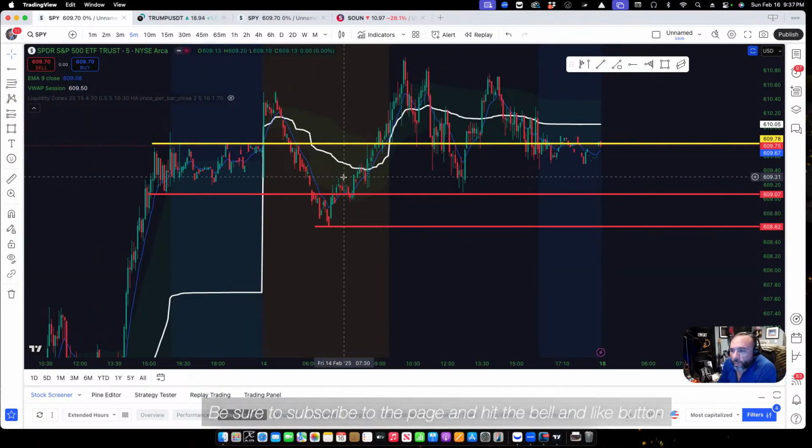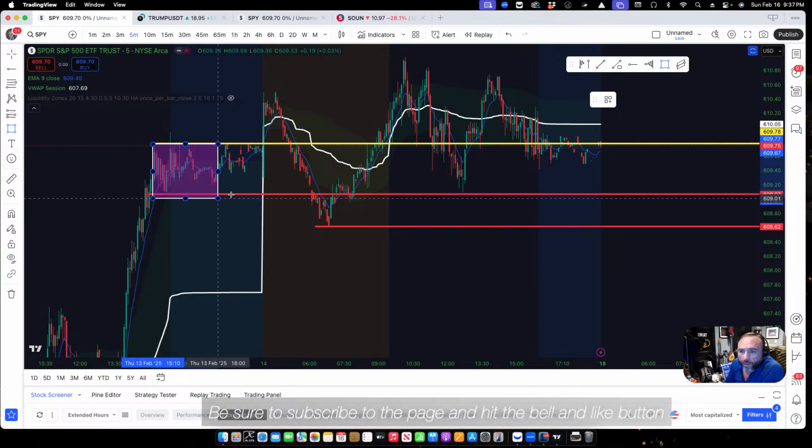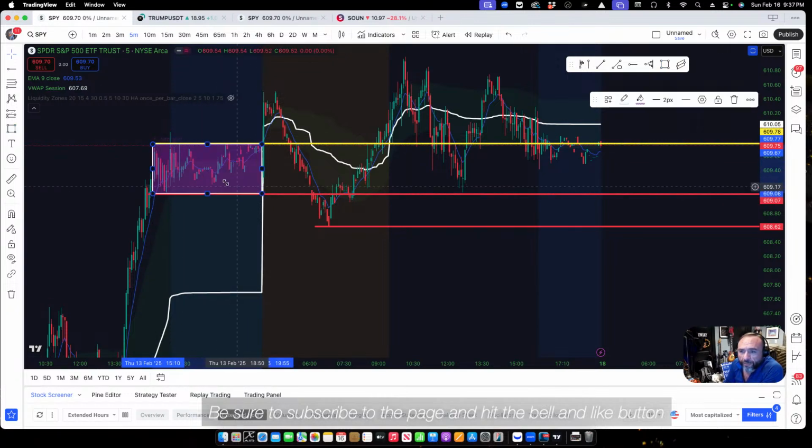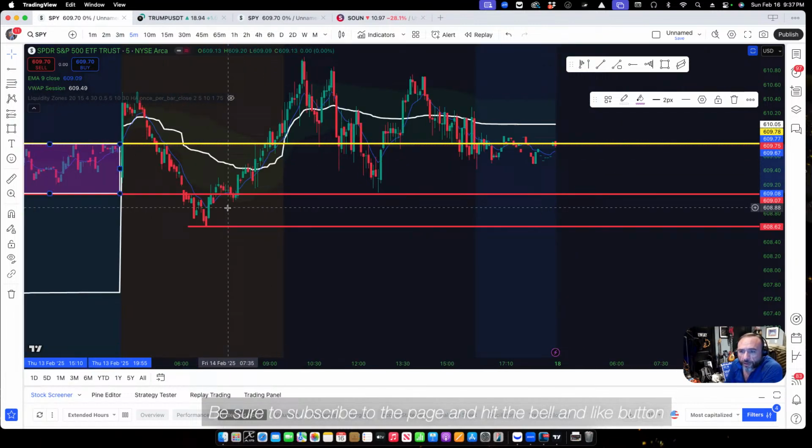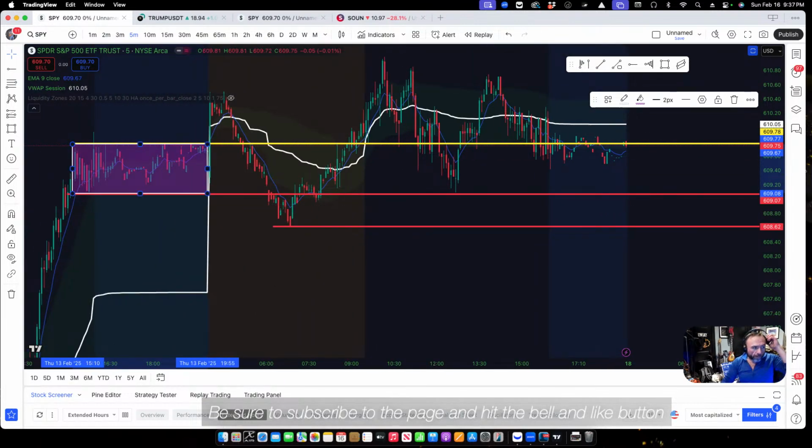And then we had the bottom. When I do a rectangle, you see that trend forming in the after hours, that little trend. That was a decent little piece of structure that formed up for us, okay?